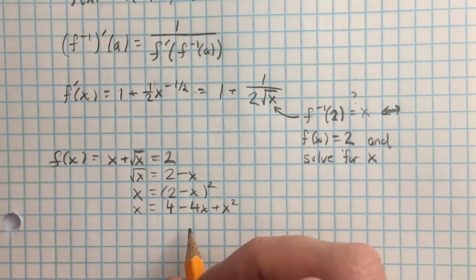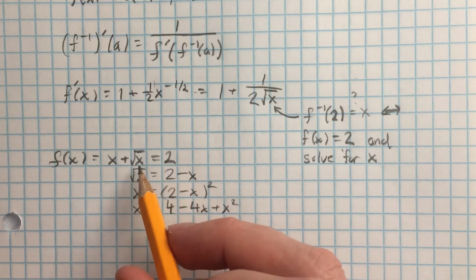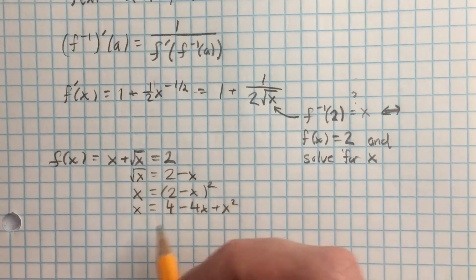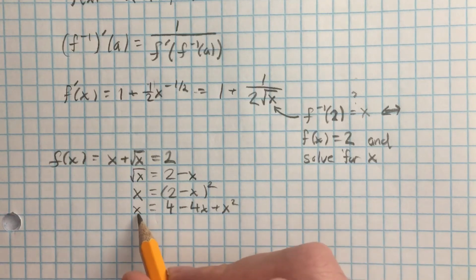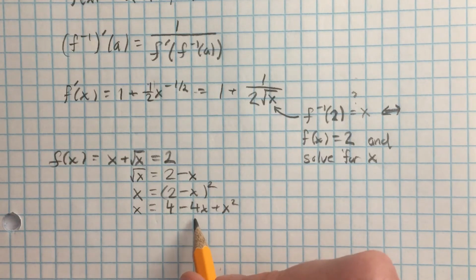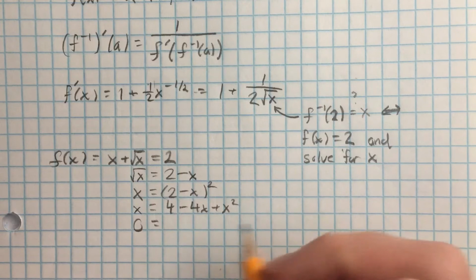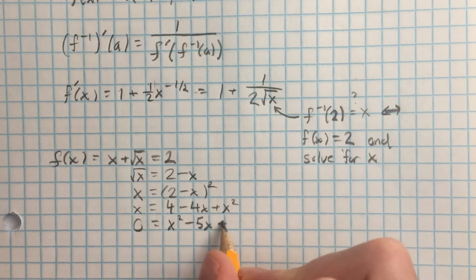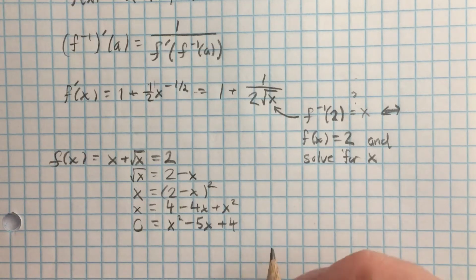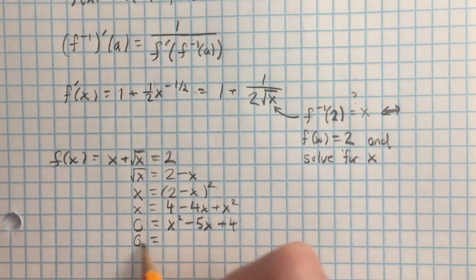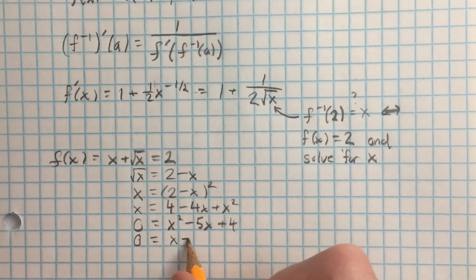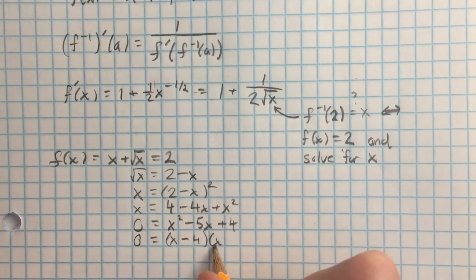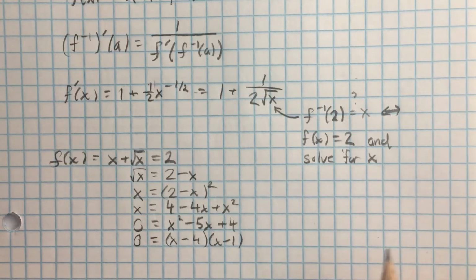I always change my radical equations into polynomial equations. So I'll subtract x from both sides and get 0 equals, in standard form, x squared minus 5x plus 4, which is readily factorable. So we get 0 equals (x minus 4)(x minus 1), and so x equals 4 or 1.